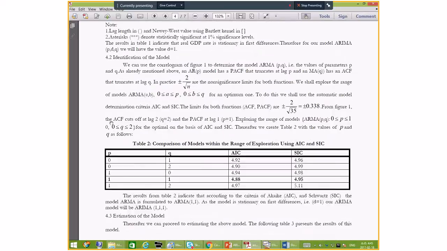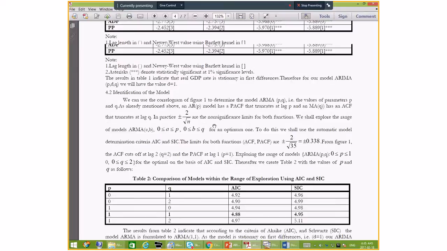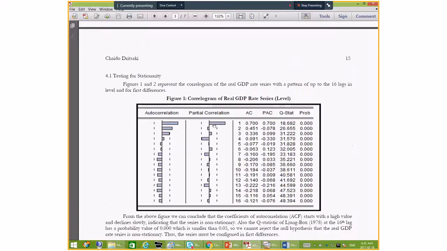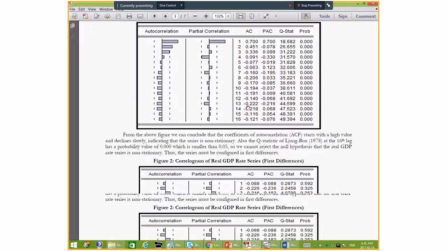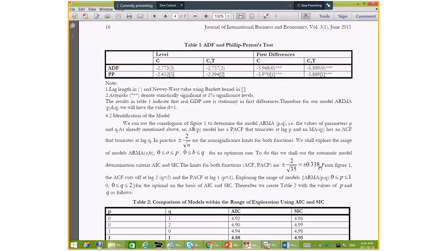From figure 1, the ACF cuts off at lag 2, so Q equals 2, and the PACF at lag 1, so P equals 1.